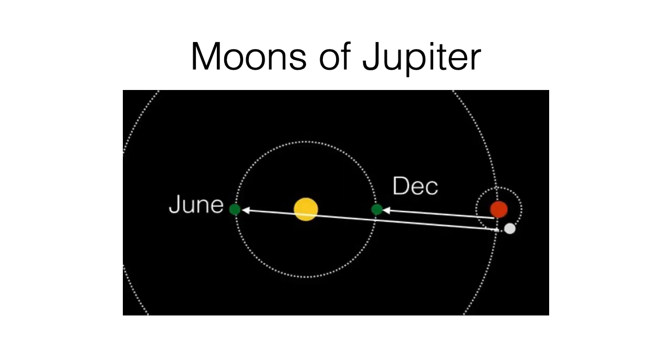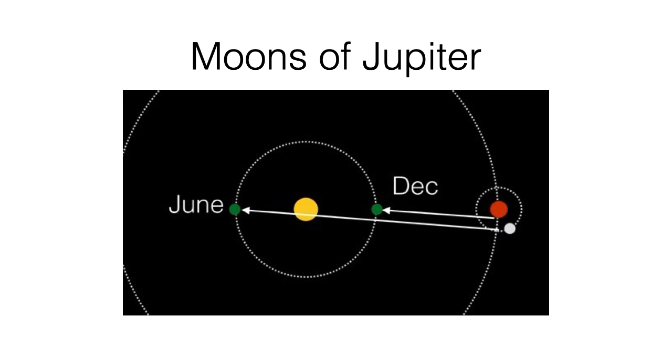Here's a better and really cool way to calculate the speed of light, and this was one of the ways I did it. They look at the moons of Jupiter, and you can actually see these with binoculars, you should try it out. Here is a rough representation of the green dot being Earth in December, and the green dot is Earth in June. It's orbiting the sun, the big yellow dot.